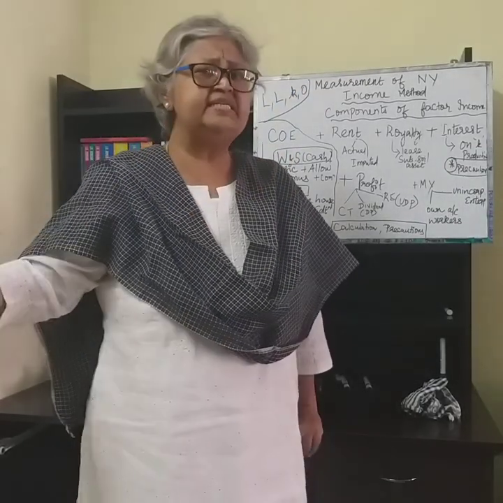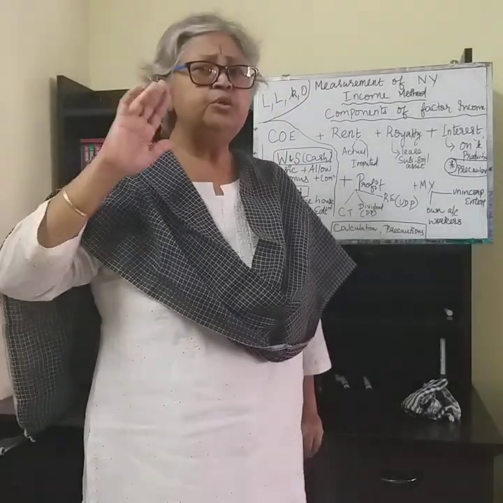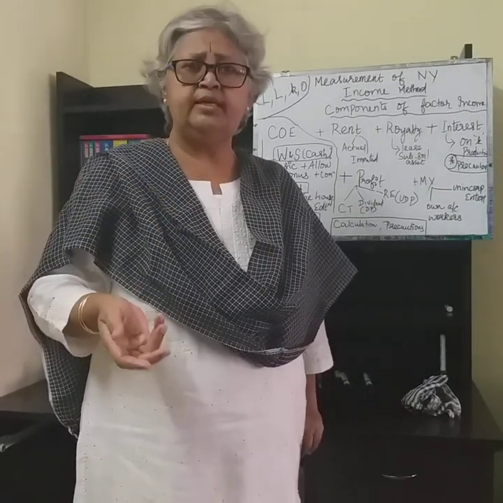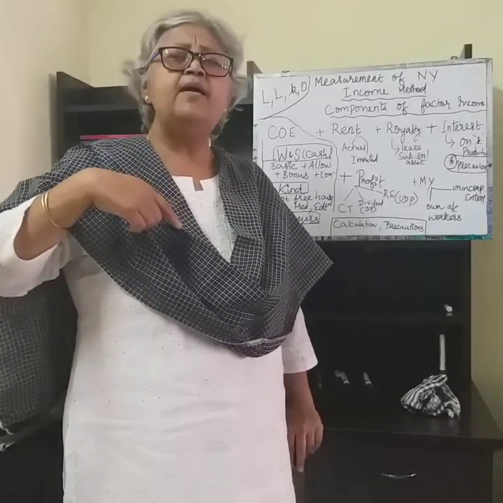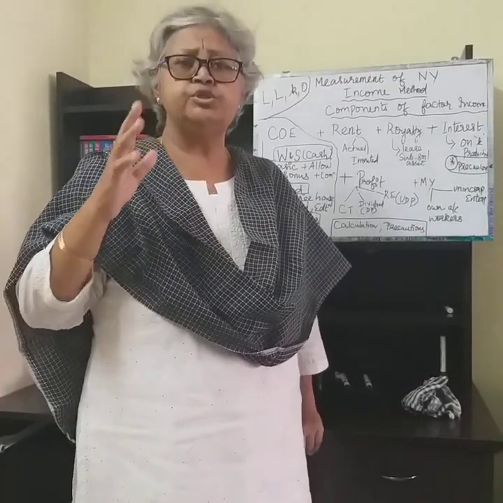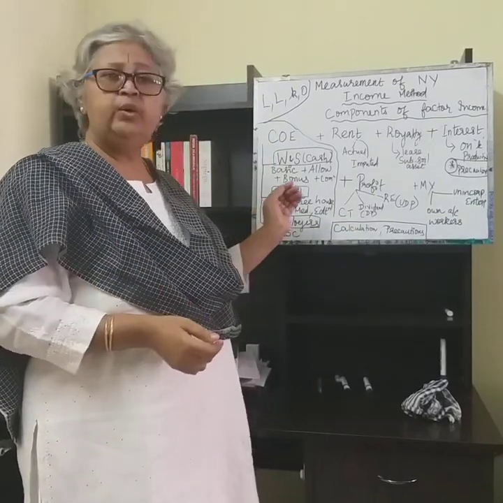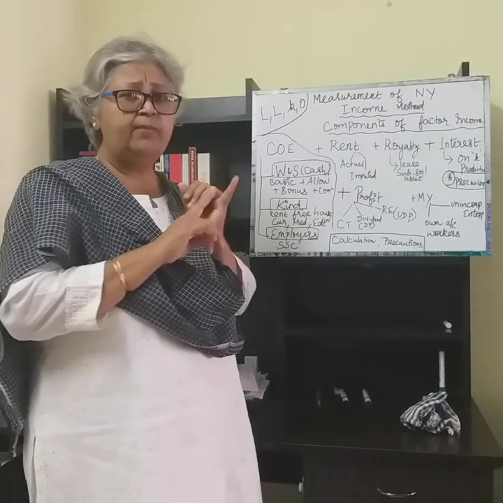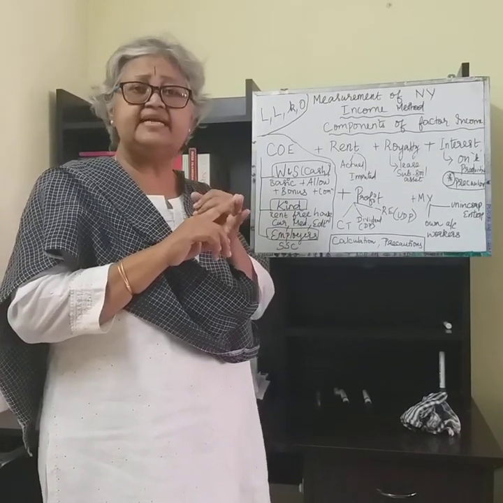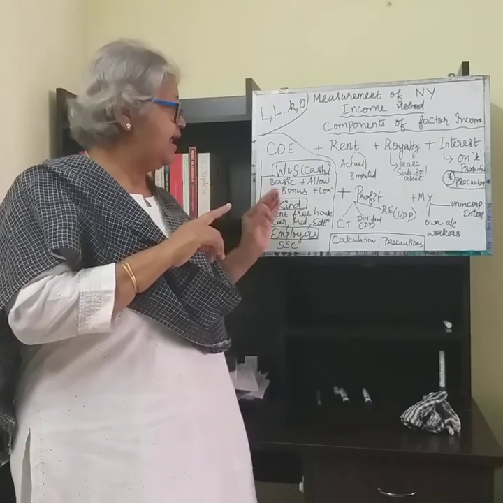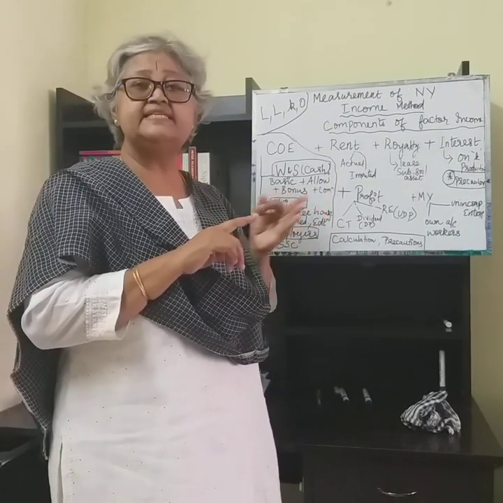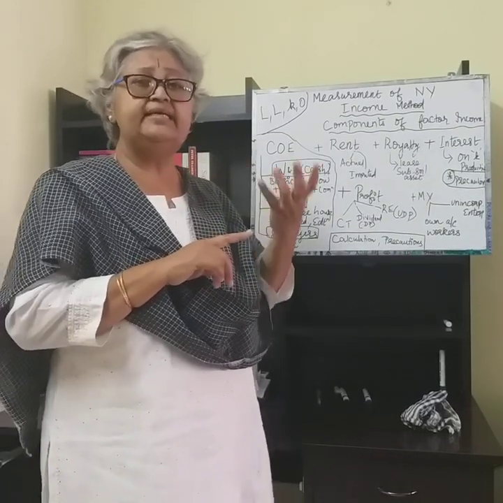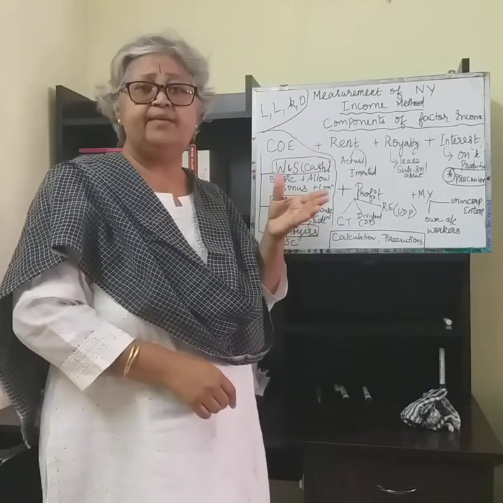So do not include the employee's contribution to Social Security, only include the employer's contribution. So the COE is threefold: the wage and salary in cash, the payment made in kind, and the third major component, the employer's social security contribution. That would be the return to the factor labor.